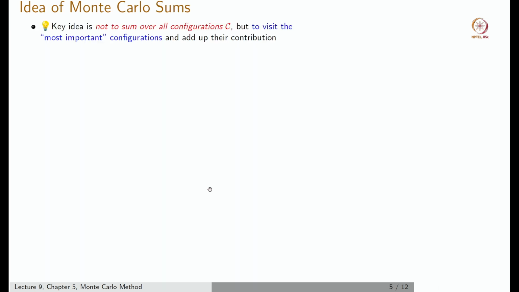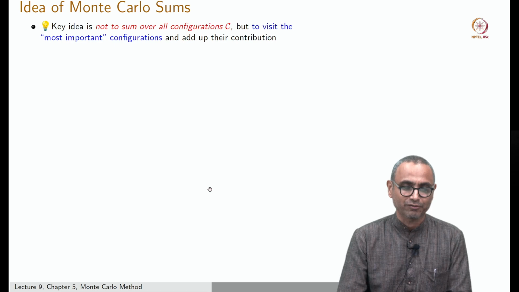Okay. So the idea of Monte Carlo is to sort of gamble in a sense. The key idea is to not sum over all the configurations C, but rather visit the most important configurations. Now, what do I mean by most important configurations?